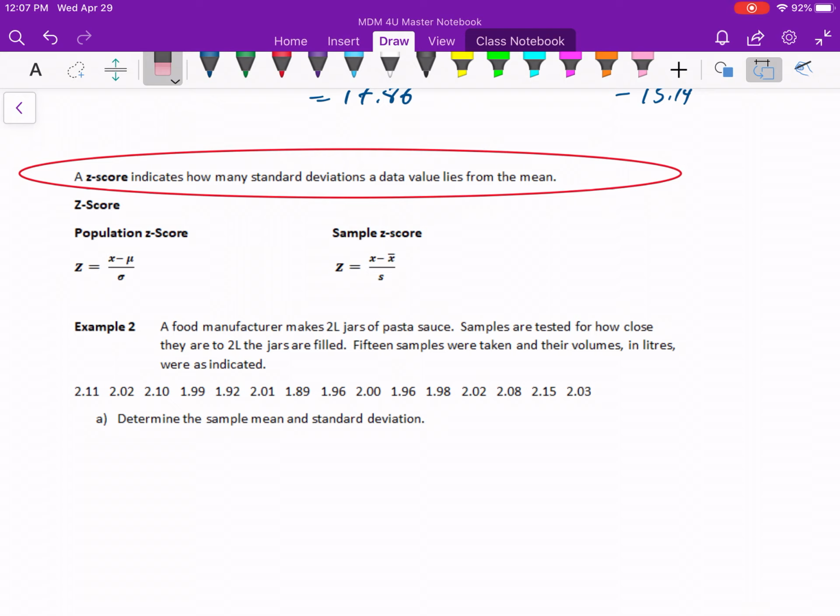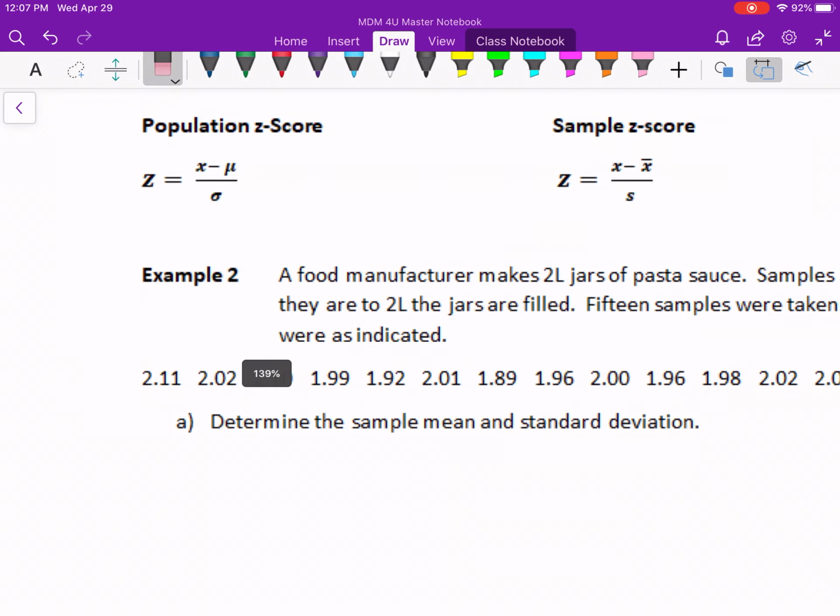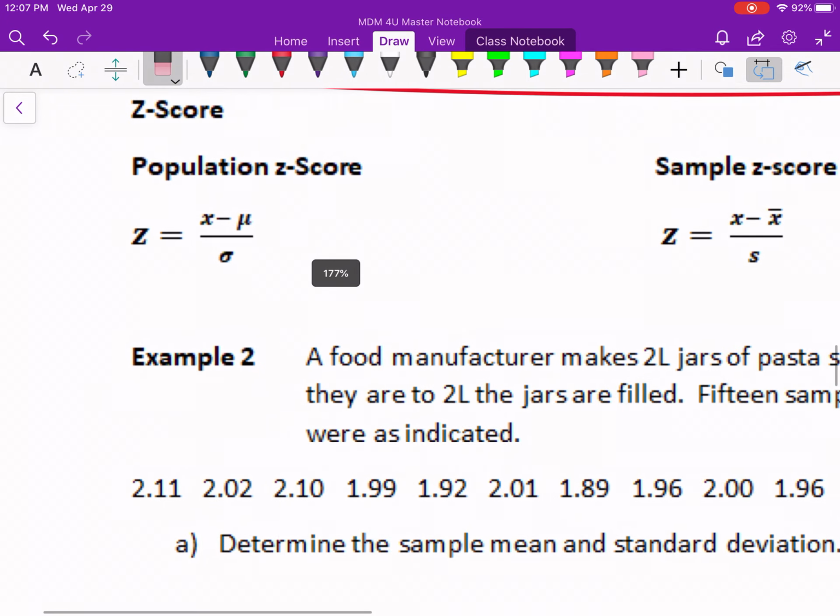So what we do to get a Z-score is we've got our data set, we've got our mean, we've got our standard deviation. If I pick one piece of data out of a data set, and I want to know where it fits in the grand scheme of things, I can calculate the Z-score for that. Simple calculation, you just have to know what the different parts stand for.